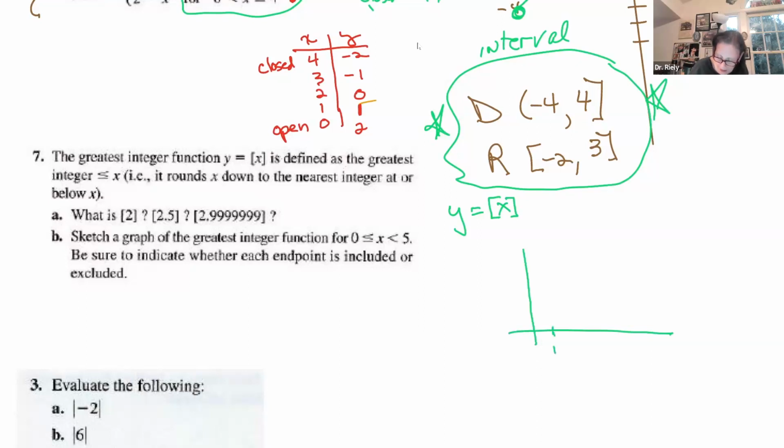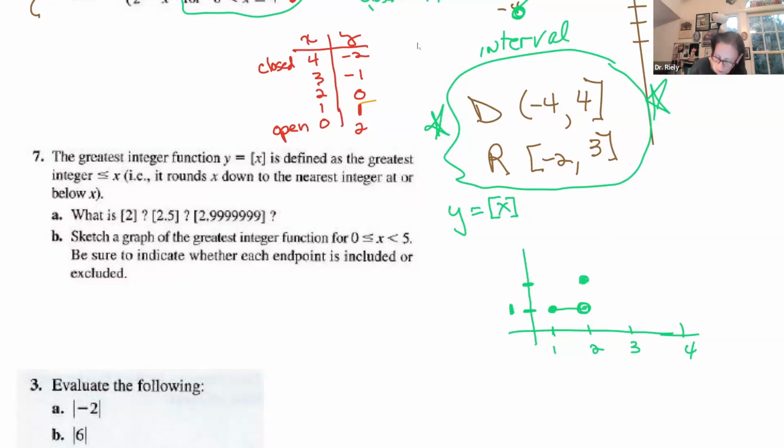If your x's are down here, it says that as long as your x value is greater than or equal to 1 and less than 2, your y value is going to be some number. I'm going to just say it's going to be 1. Once you get to 2, though, that's no longer the case. So you're going to jump up then, and you're going to start another 1.